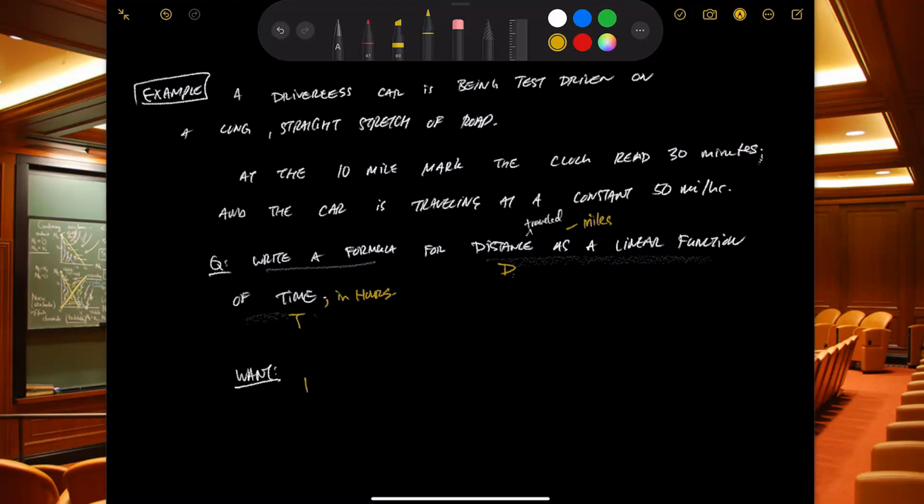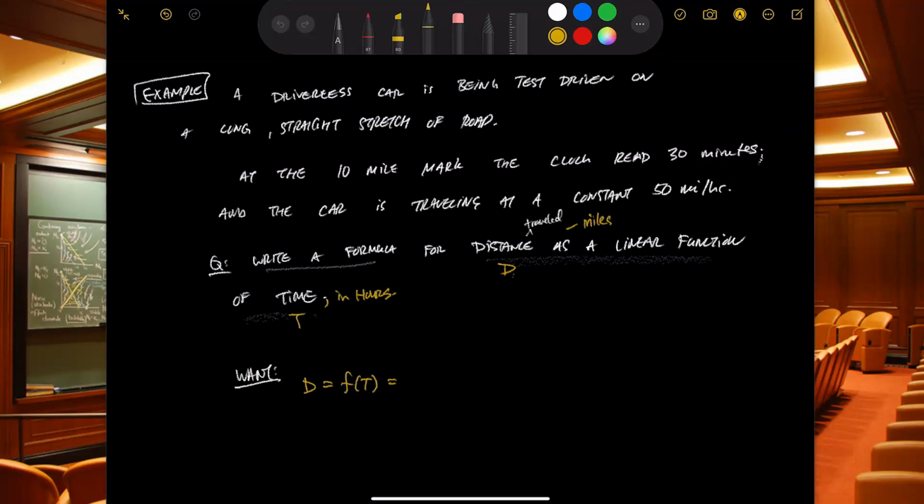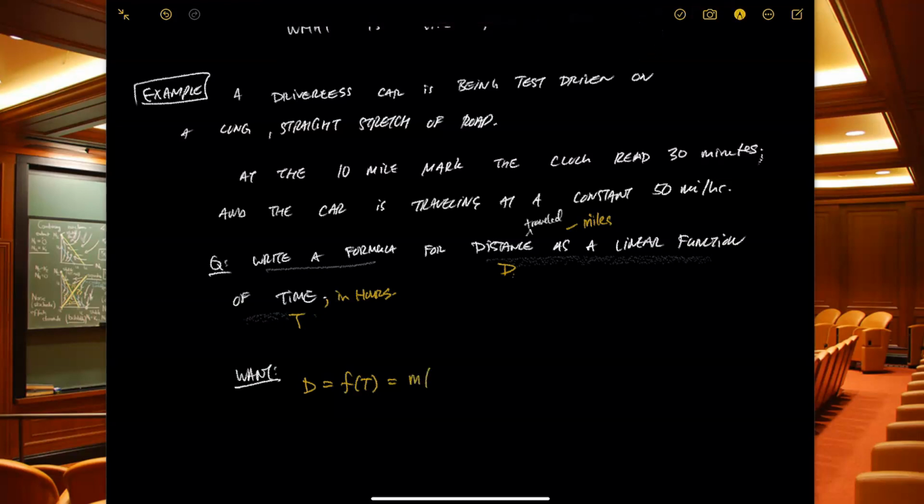So what we really want is d as a function of time, and that's going to be equal to either b plus mx, or we could put it in point slope form. So let's do that: m times t minus t naught, plus d naught, where t naught, d naught is a data point we have.